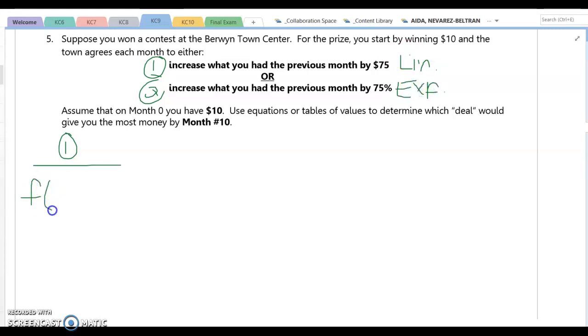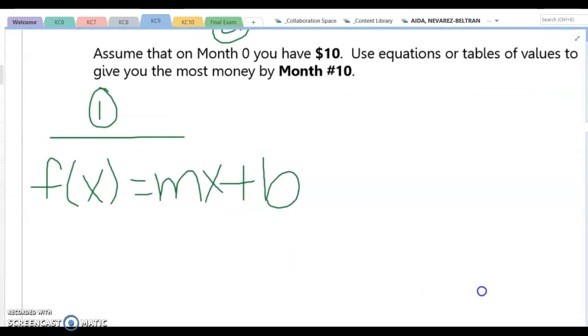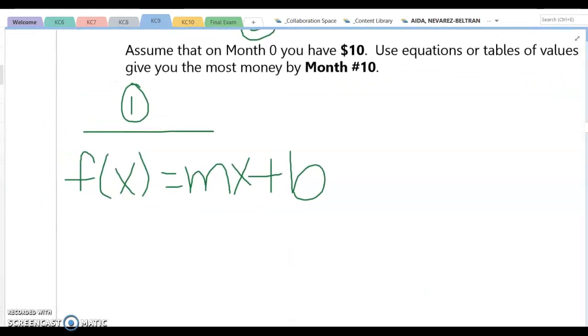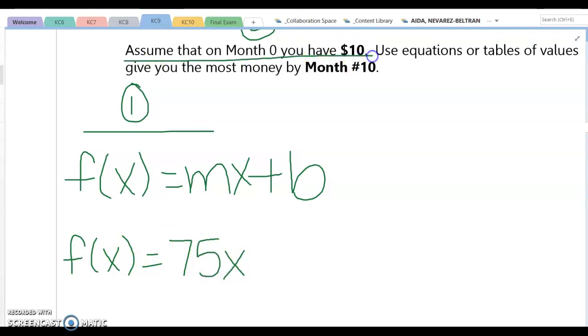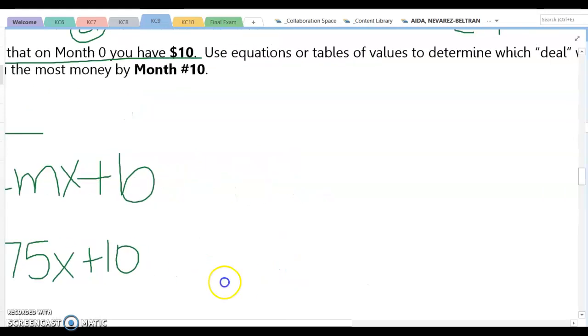So we're using f of x equals mx plus b for situation 1 because we have a linear. So it's going to be f of x, and then the m is how much it's changing by. So it's changing by $75 each time, and it says assume that on month 0 you have $10. So we start at $10. So here's our function for that one.